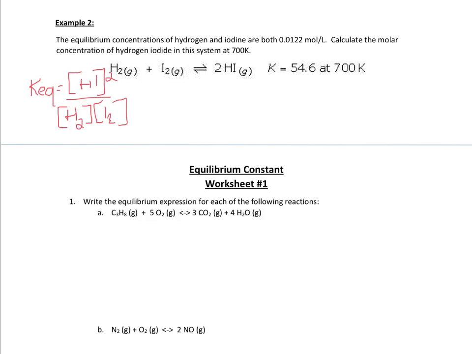We can now plug in what we know. We were told that K here is equal to 54.6. We're looking for HI squared, and we know that H2 and I2 are both 0.0122.